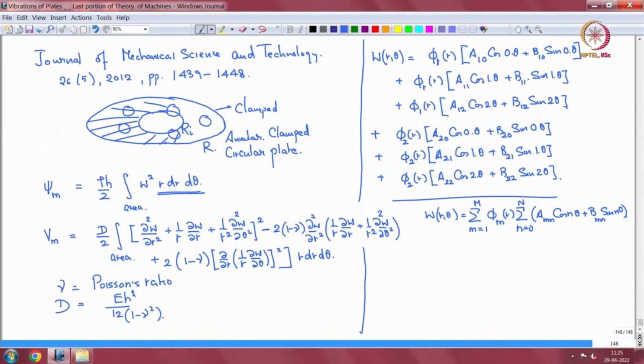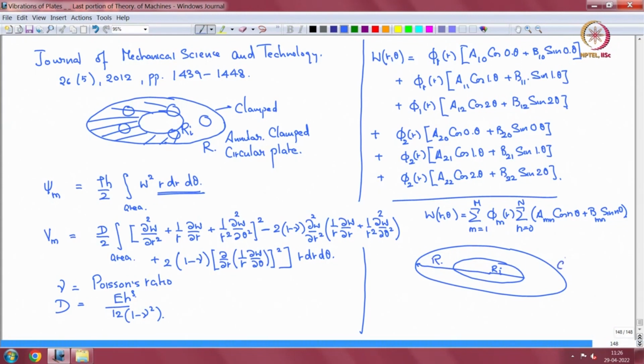So we are interested in a circular plate with a hole at the center. So this is Ri and this is R. Okay, that's the configuration.